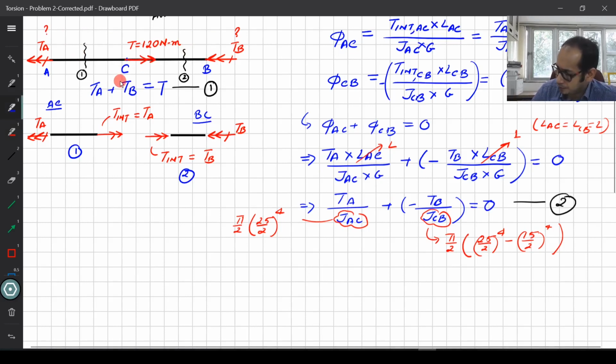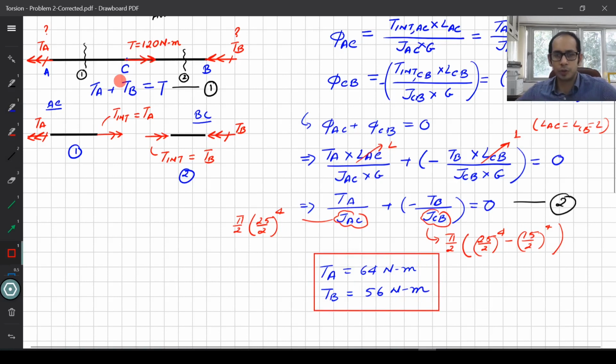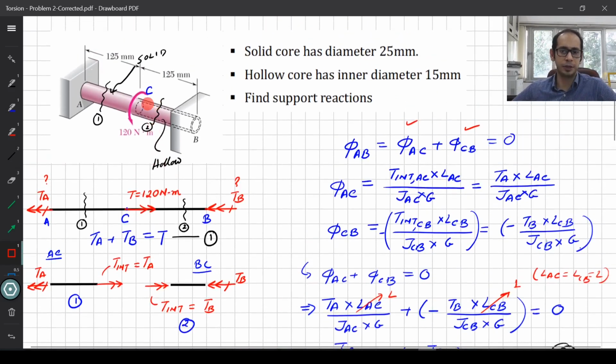The final answer is that TA comes out as 64 Newton meter and TB comes out as 56 Newton meter. Okay, I hope this overall problem was clear for this indeterminate shaft. You had an indeterminate structure with a torque at the center, and we used the equation of compatibility to find the reaction torques.